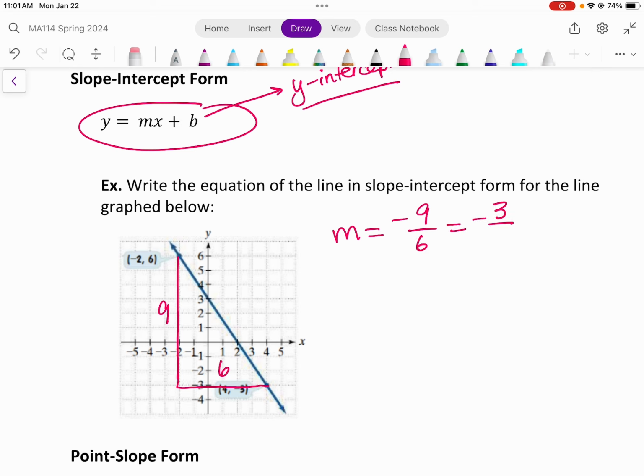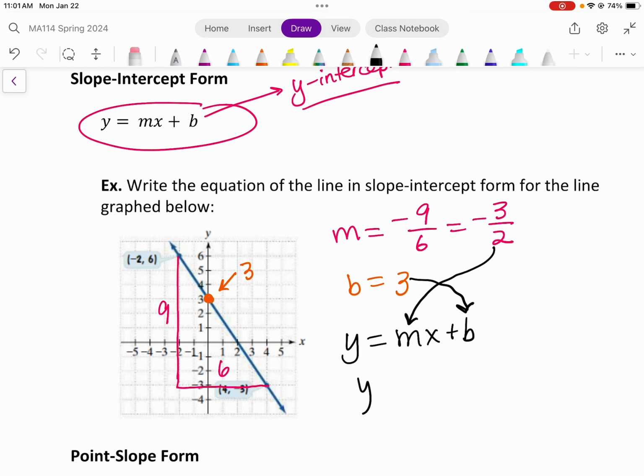Divide by 3. My y-intercept is going to be right here at 3. So my b is 3. And then y equals mx plus b. I plug my slope in here, my b in here, and I have the equation of my line.